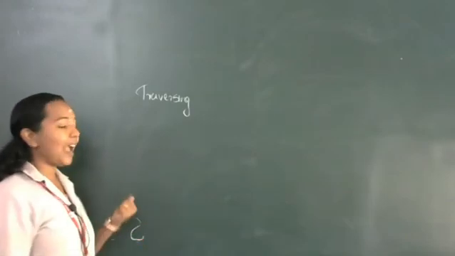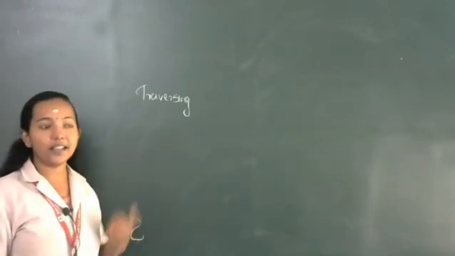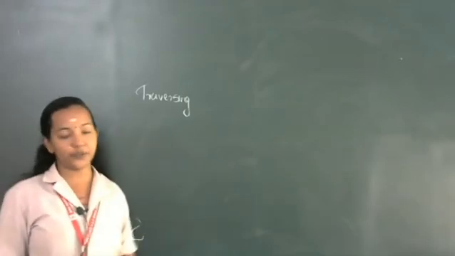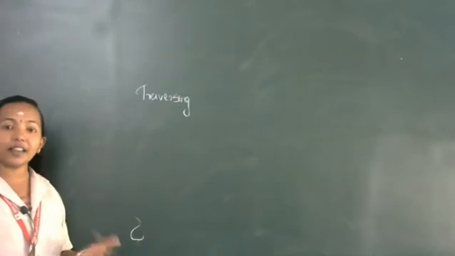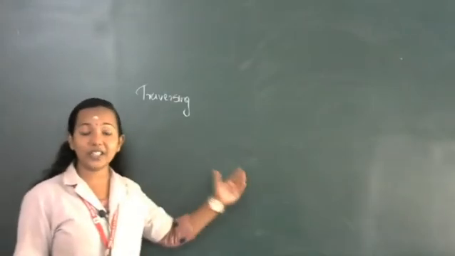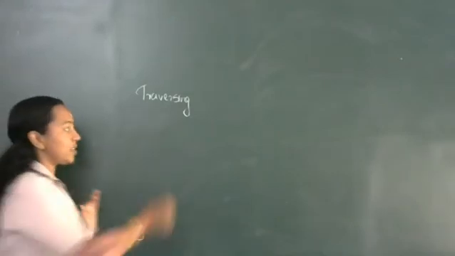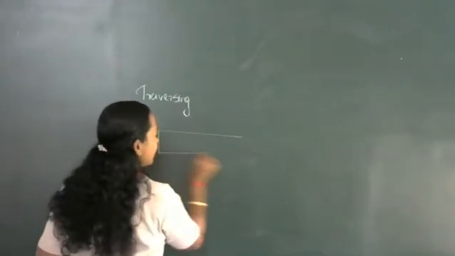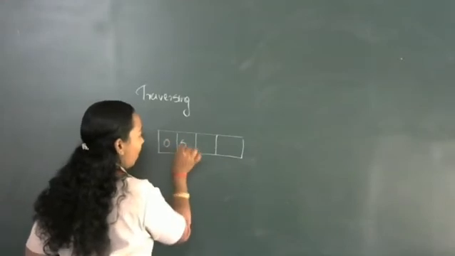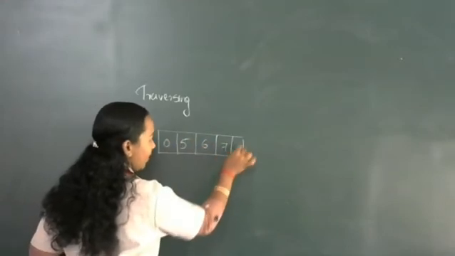Accessing all the array elements means we access them starting from 0 to n-1. For example, if an array contains n elements, the traversing starts from 0 and ends with n-1. Suppose this is an integer array that contains elements 0, 5, 6, 7, 8.